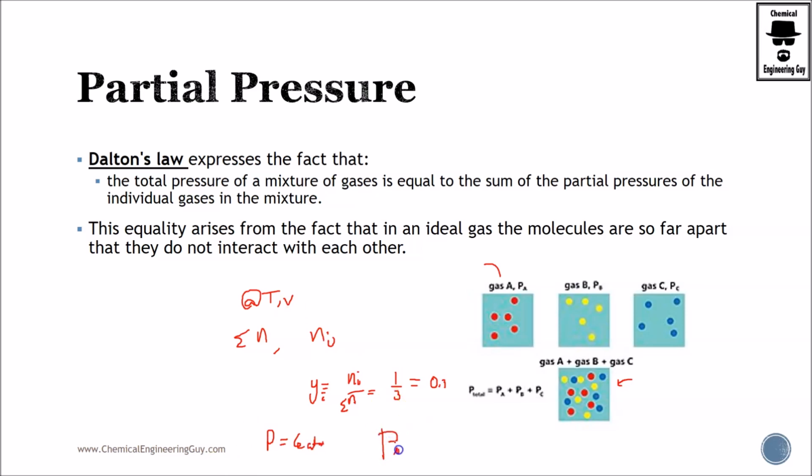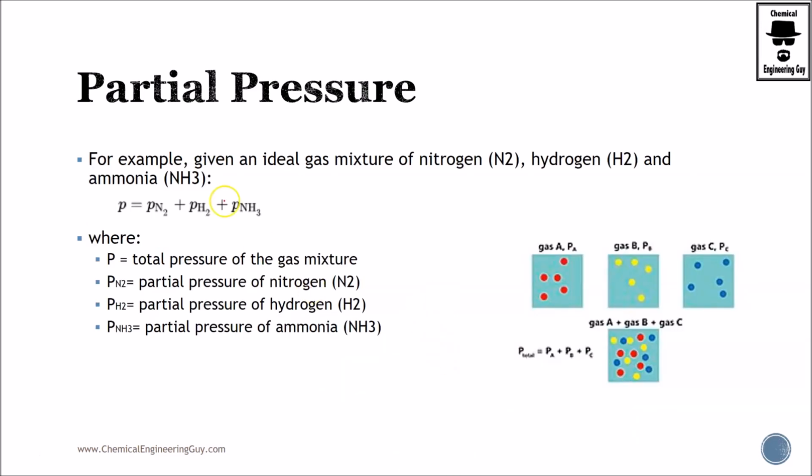Then the pressure of i will be the mole fraction of i times the total pressure, which in this specific case will be 0.333, or 1/3, times 6 atmospheres. So technically speaking, this species i will have a partial pressure of 2 atmospheres.